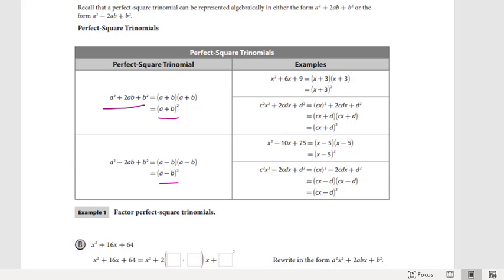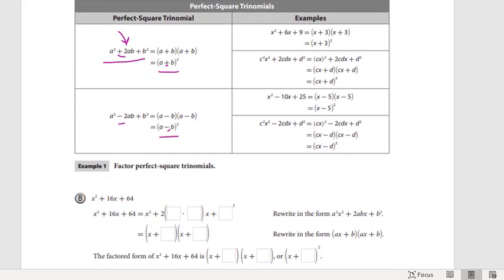So if you look at the term, it's got to have twice as big in the center. It's that special case that we looked at before. If it's positive here in the center, then it's positive here. If it's negative here in the center, then it's negative in the square.